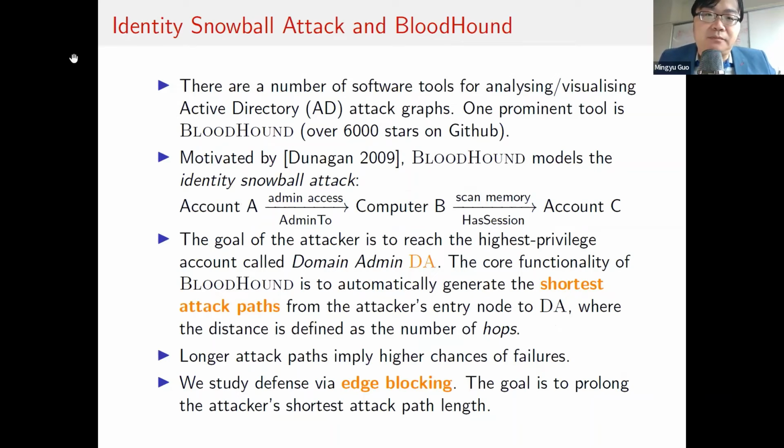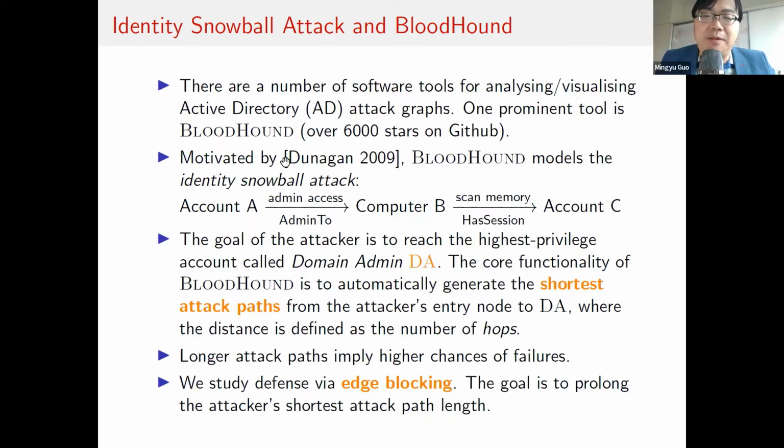Even though this is a theoretical graph-based model, it is actually used in industry by real attackers and real defenders. On GitHub, there is one software tool that made this graph popular, with 6,000 stars, written by a security company.